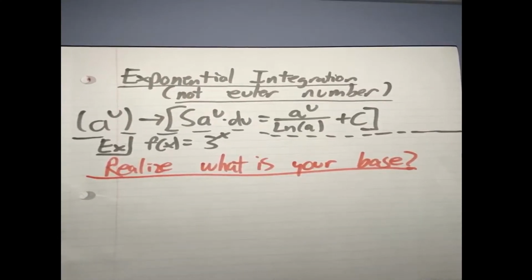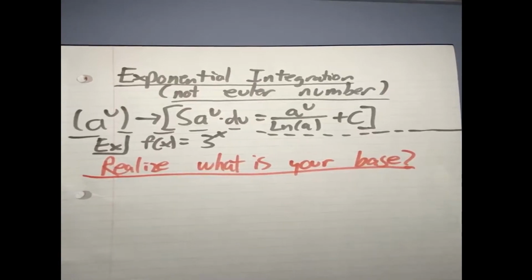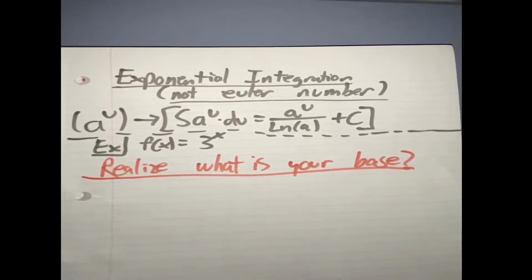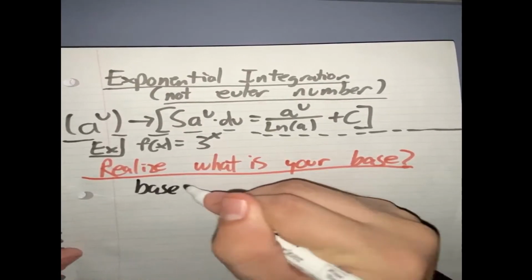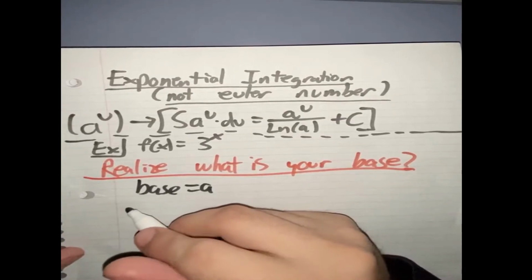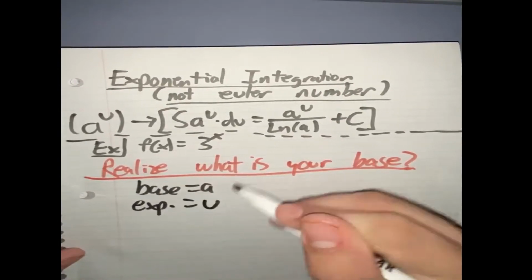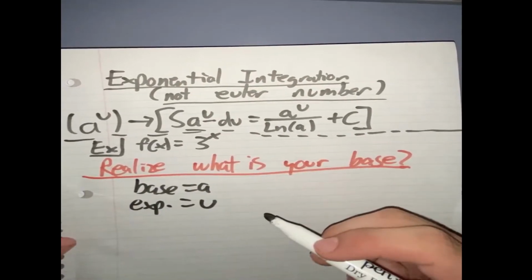So what is our base? Our base is A, and our exponent is equal to U, as stated right here: A raised to the U power.